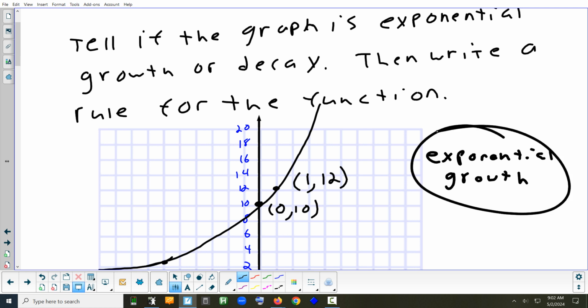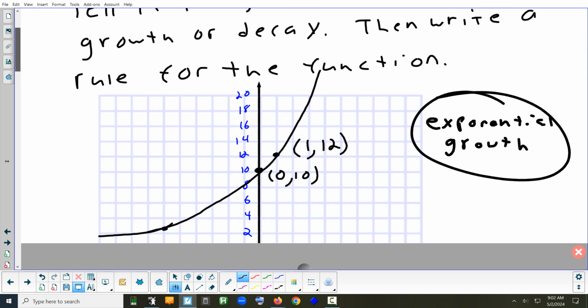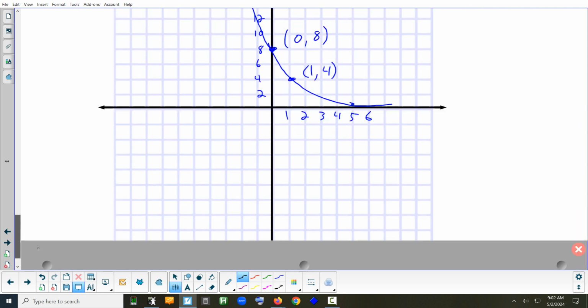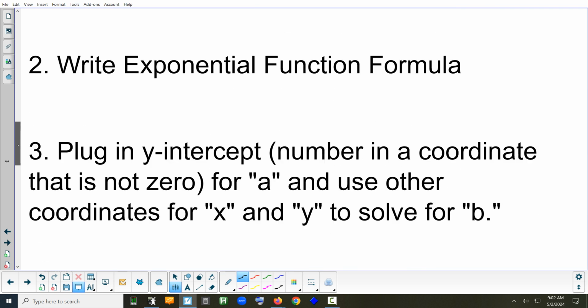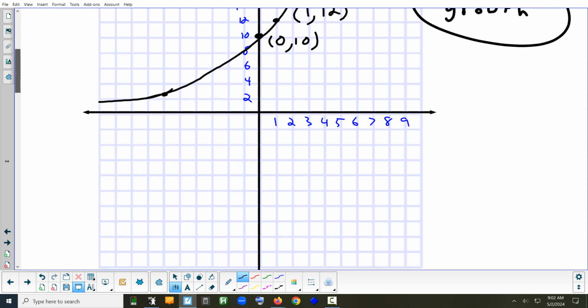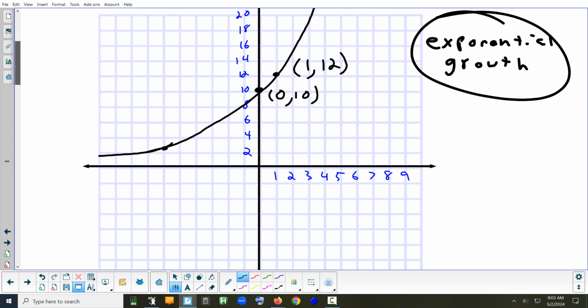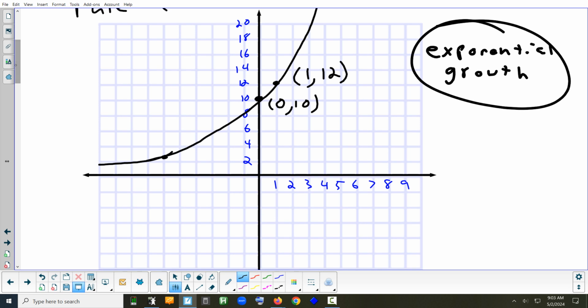Now it says write a rule, or basically write a formula. So it's exponential growth. What's the formula we're using?